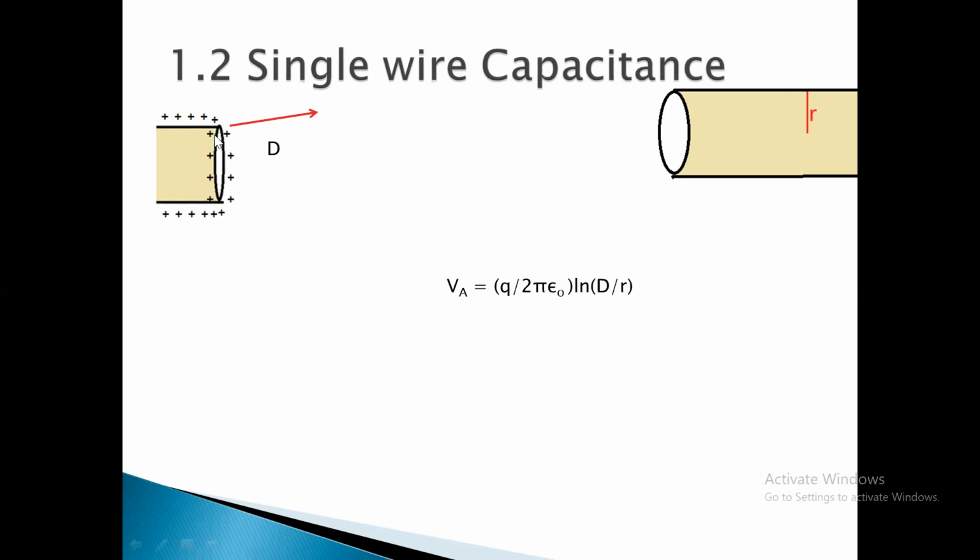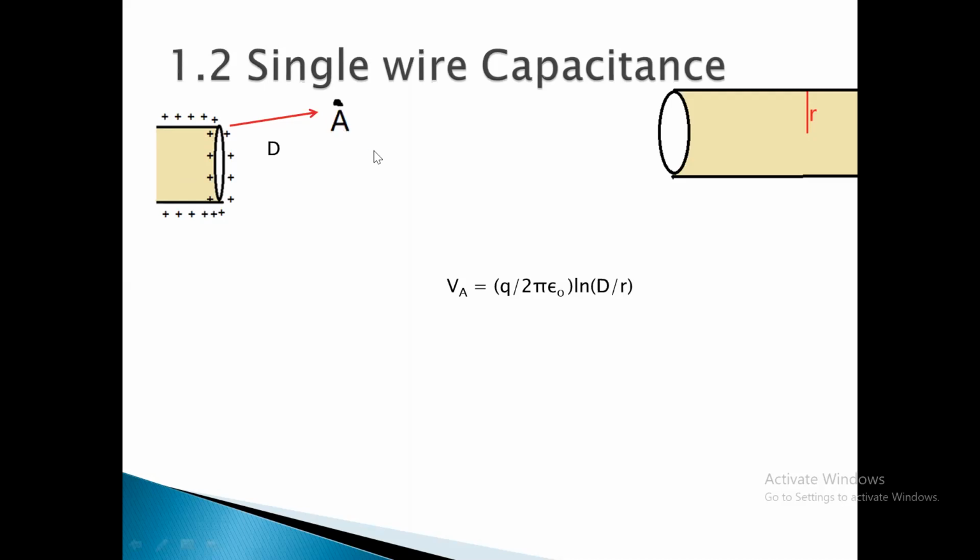So we can say that inside this conductor there is no charge, but at the surface it accumulates charge. I consider it as a phase line, so this conductor has positive charges outside of its surface. I want to find capacitance over here.